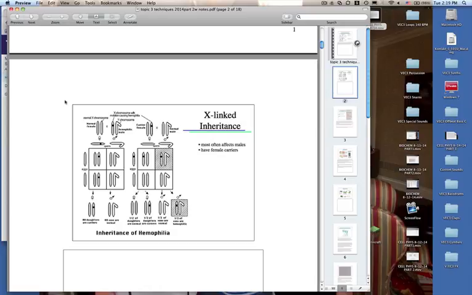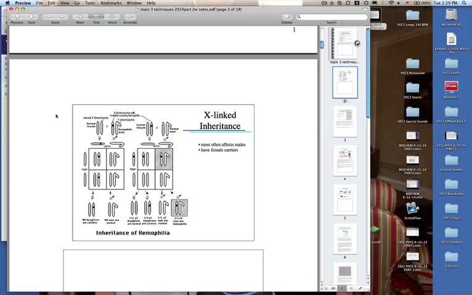So in the case of hemophilia, dad's going to show a hemophiliac phenotype. That does not preclude you from having babies, from having children. There are now easy ways to deal with and to treat hemophilia, so it's not like a devastating disease anymore like it used to be before we had clotting factors that we could give to these people.